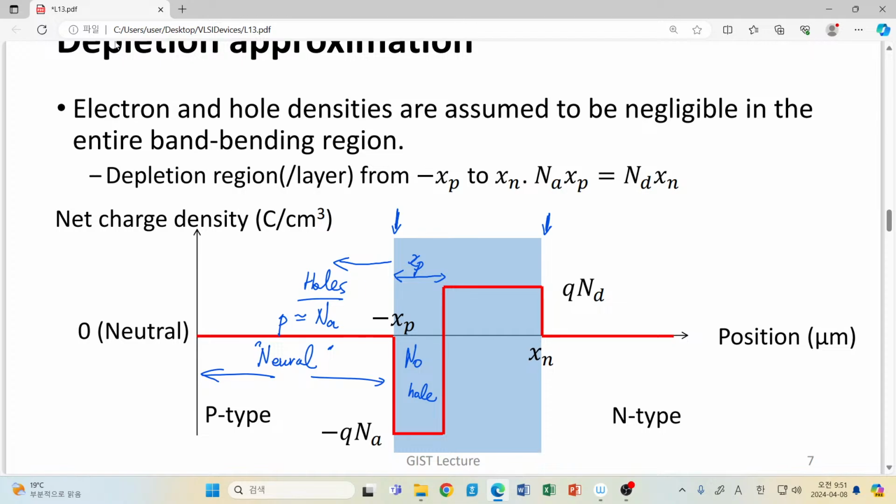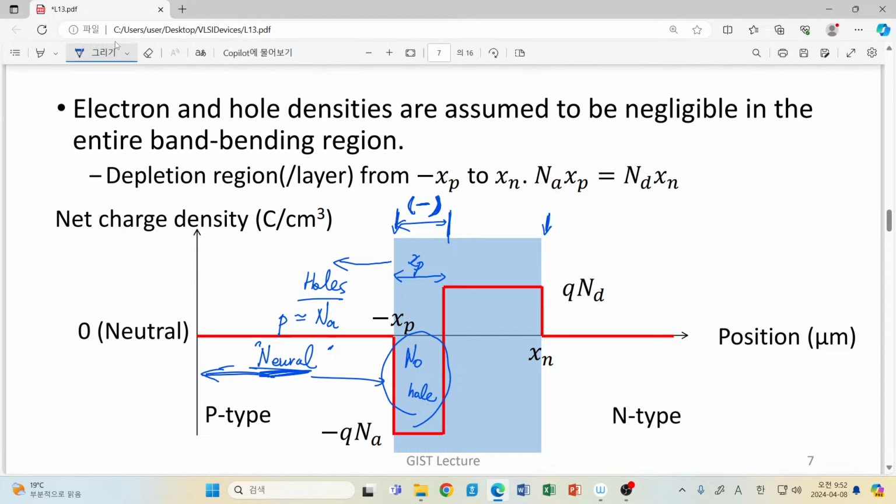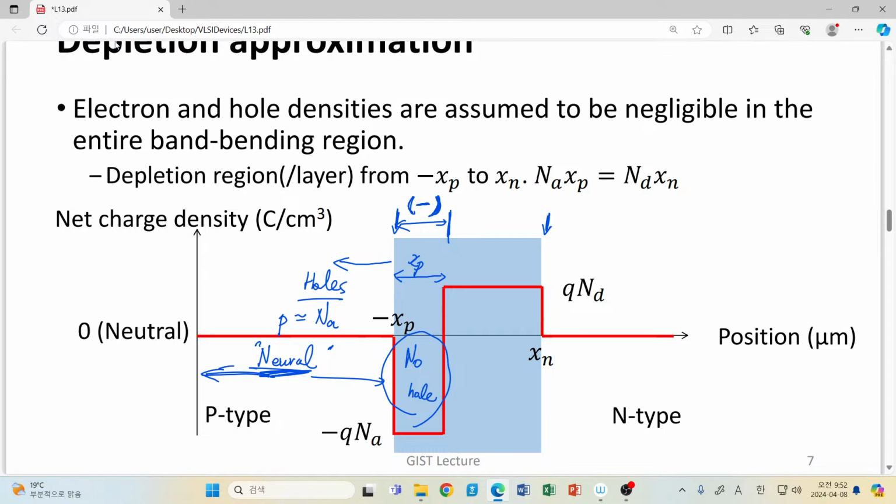So this part is completely neutral. And in this depletion region, since there is no hole at all, this part is negatively charged due to the remaining ionized acceptors.